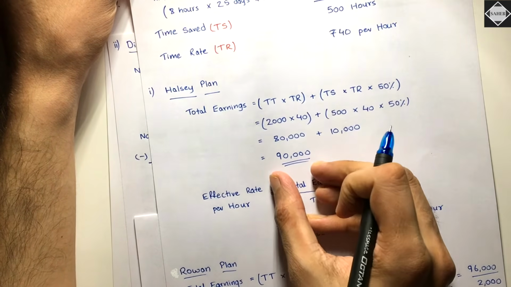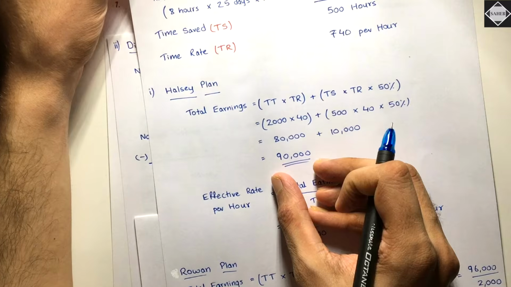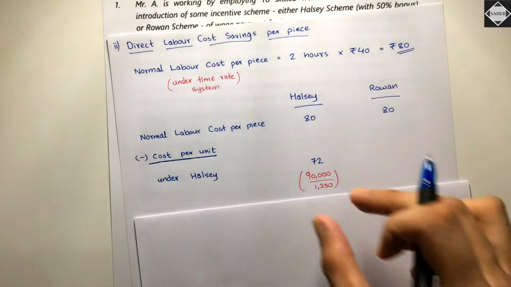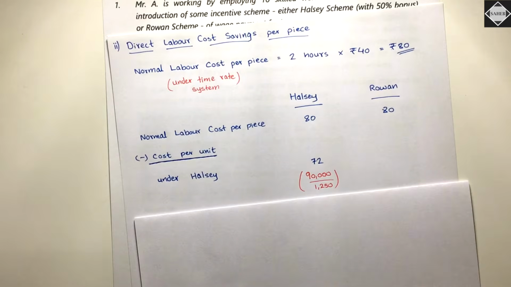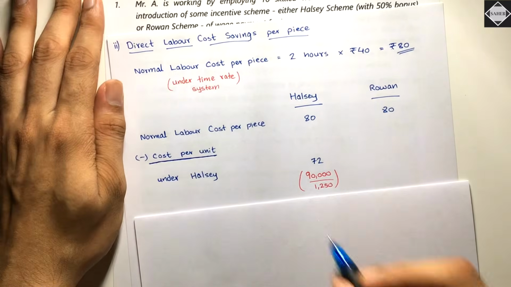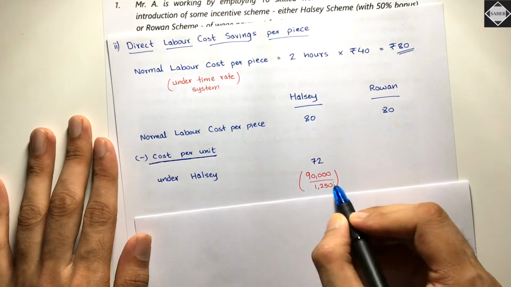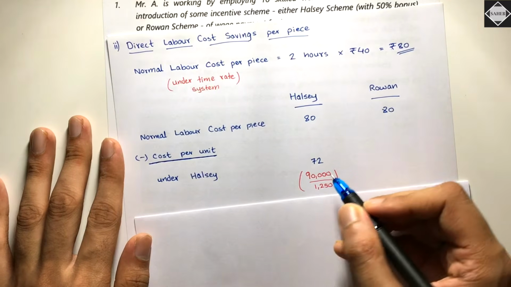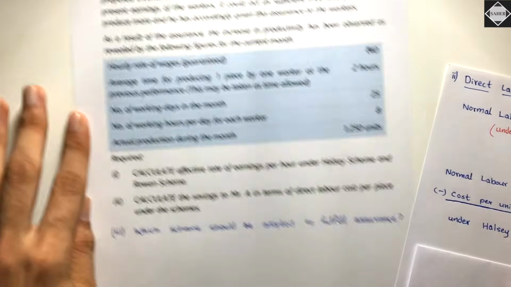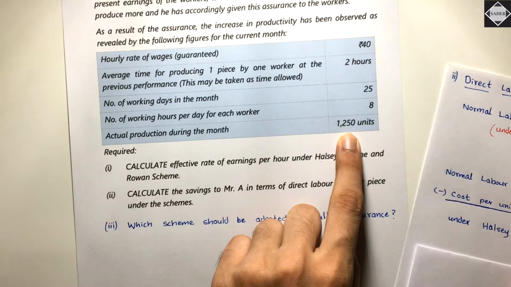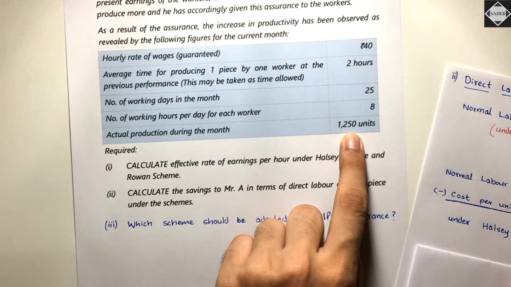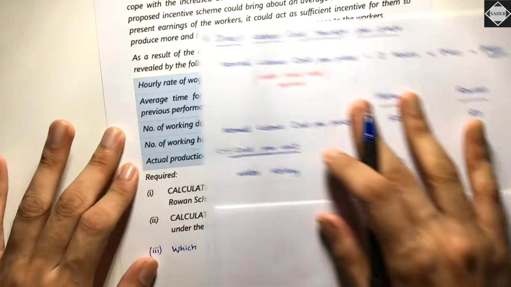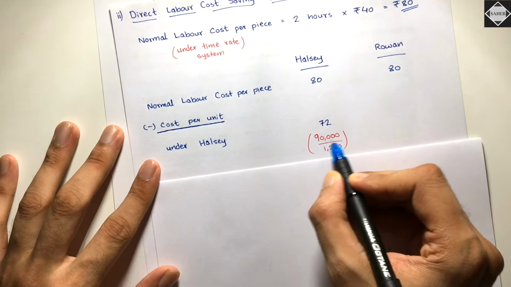90,000 rupees in total he has to pay. So I took 90,000 and divided by the total number of units they will be producing in a month. These are the wages paid in a month, divided by the total number of units produced in a month, which is given over here, 1,250. To produce 1,250 in a month under the Halsey scheme, wages were 90,000.